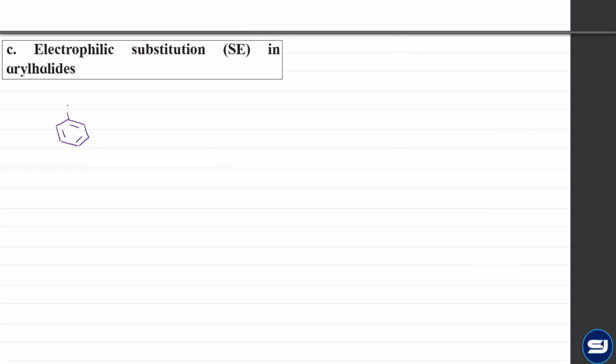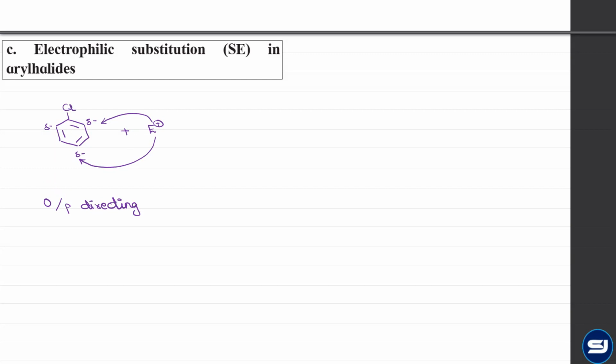ठीक है? If there is a chlorobenzene, because of the resonance, we are getting a negative charge at the ortho and the para position. So this will be attacked by an electrophile, and this can attack at the ortho or the para position. That's why haloarenes are said to be ortho para directing. इलेक्ट्रोफाइल जिस पोजीशन पे डायरेक्ट होगा उसके बेसिस पे या तो वो ओपी डायरेक्टिंग कहलाएगा या मेटा डायरेक्टिंग कहलाएगा.